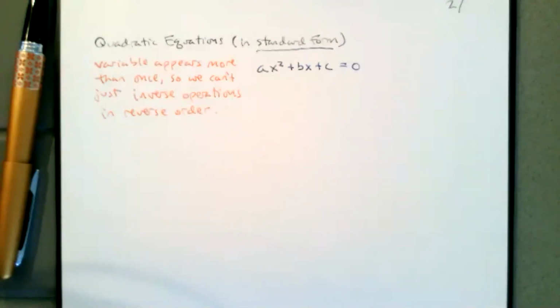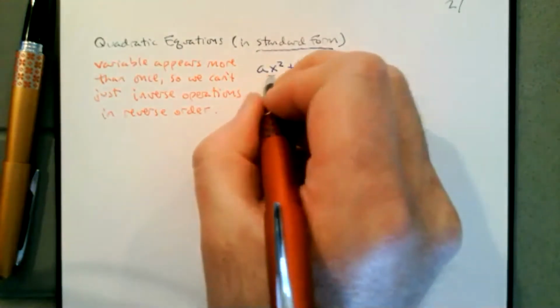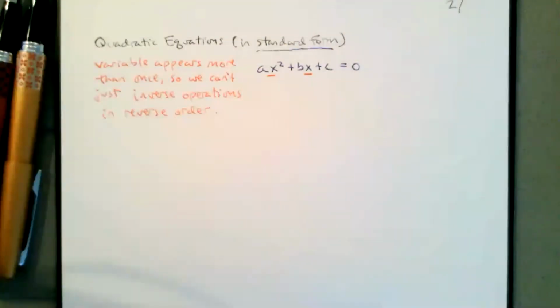The variable appears more than once. There's an x squared, but there's also an x. We can use the quadratic formula, which is trash, but we can use it. But we should recognize where the quadratic formula comes from. It comes from rewriting our standard form in vertex form.